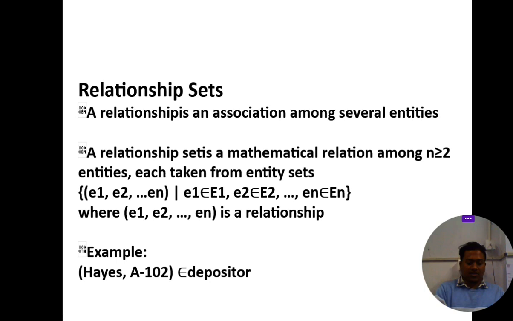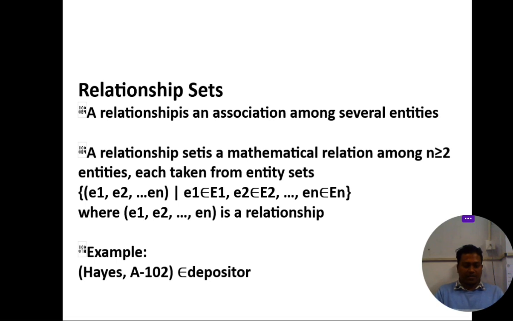Similarly, a relationship set is a mathematical relation among n, greater than or equal to two, entities, each taken from entity sets, like E1 belongs to capital E1, E2 belongs to capital E2, up to En belongs to capital En, where (e1, e2, ..., en) is a relationship.